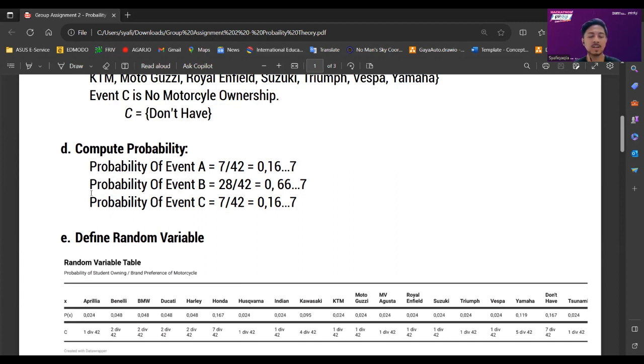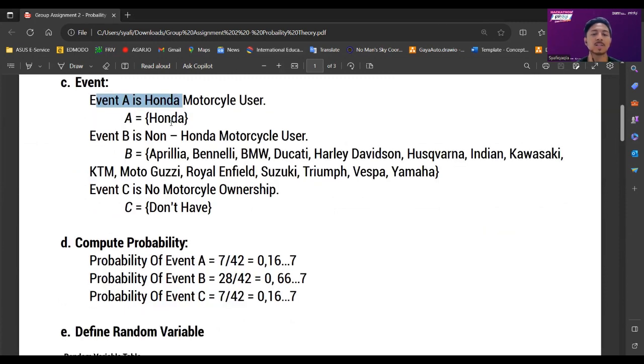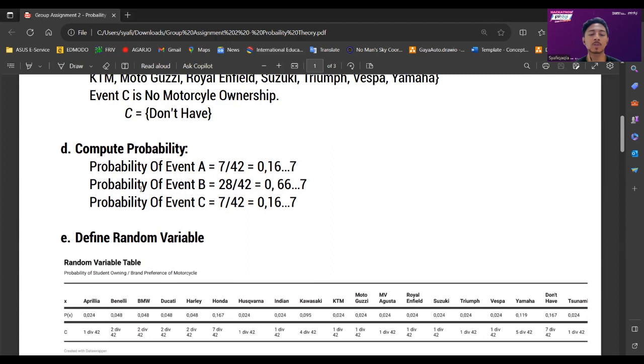For C, I think the event is similar to A because the number of Honda users and the number of students who don't have a motorcycle is the same. I counted 7 out of 42, so the probability is the same.